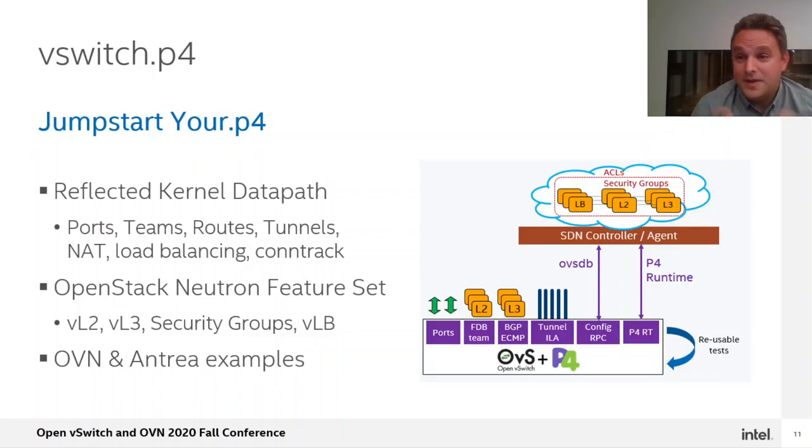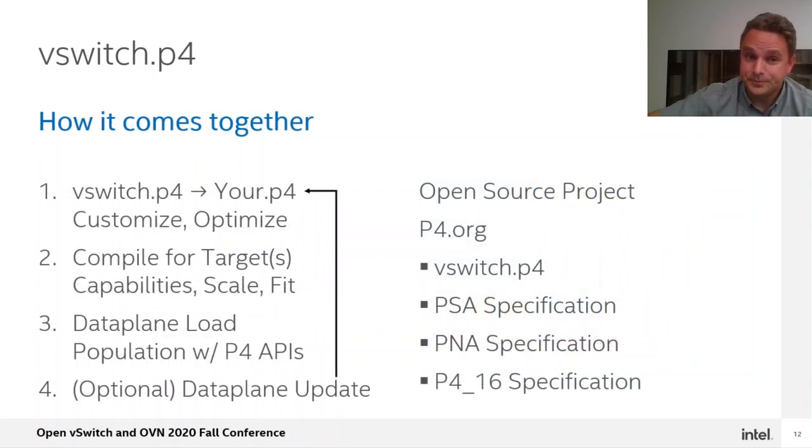And if you don't want that stuff, you can turn it off, or you can use that as a place to start to insert additional functionality that you want to see inside of your P4, or that you need inside of your application. And so how this comes together is you start with the vswitch.p4. You may use that as is, or you may add things to it or remove things. Compile it for your target.